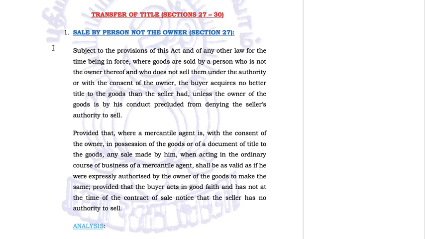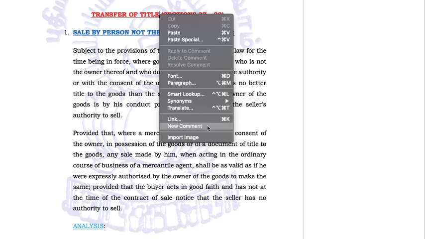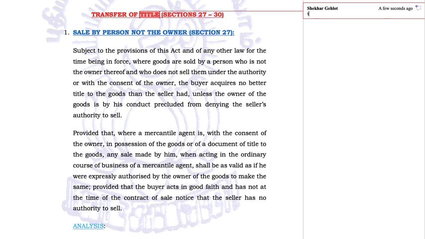Sale by a person not the owner. Transfer of title. We are discussing transfer of title. Transfer of title means transfer of ownership. Title is ownership. Okay, who has the title over the goods? The owner has the title over the goods.